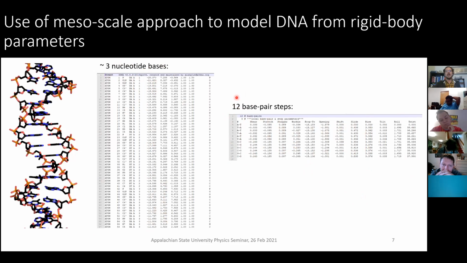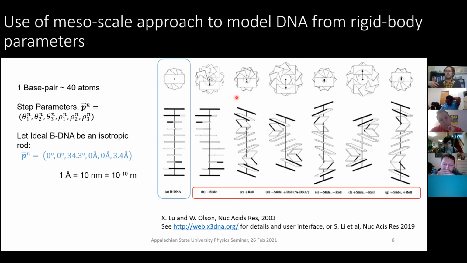So by utilizing this rigid body parameter setup, we can create 3-dimensional models, such as, let's say, a linear form of DNA, where we only care about uniform twist and uniform rise, which is a vertical displacement, and twist is just like rotating about the z-axis. If I had all the twists and rises the same value, I would get the structure that you see here in blue.